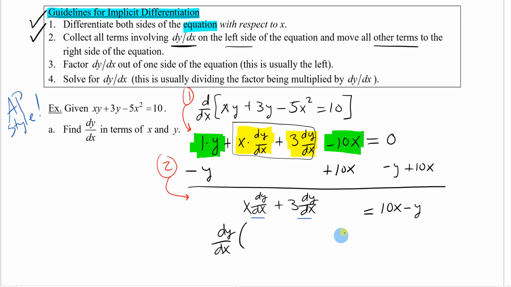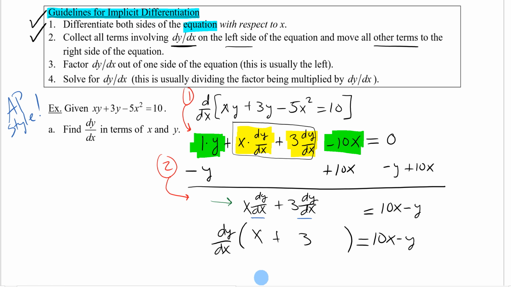And when I factor out dy dx, what remains on this left side of the equation? Just the x plus 3. Now, if you're ever confused about factoring, one way to verify that you factored out correctly is to distribute dy dx to both terms, and you should get the same thing back.